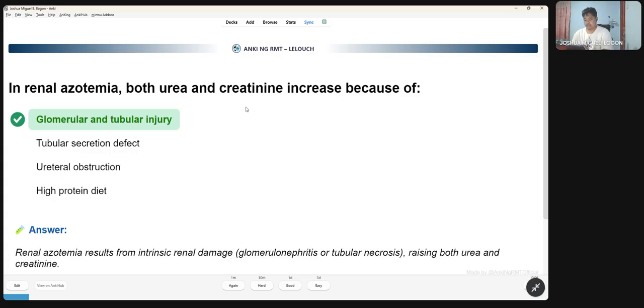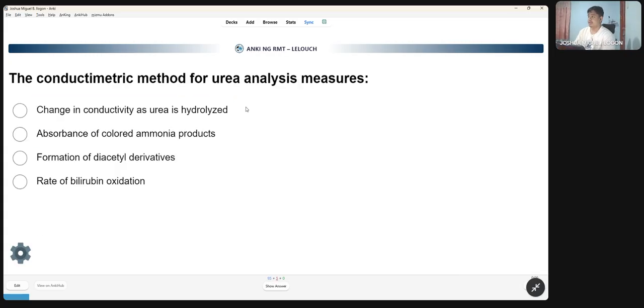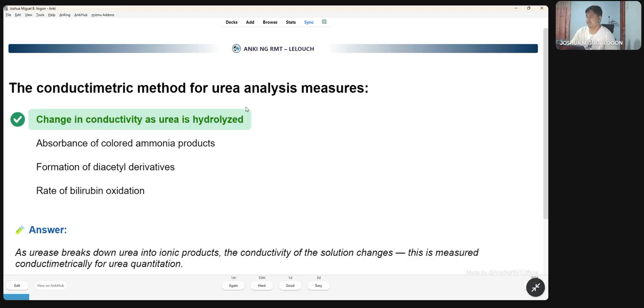Post-renal, that's your UTO: stones, tumors, prostate enlargement. The conductimetric method for urea analysis measures change in conductivity as urea is hydrolyzed, or converted to ionic products.